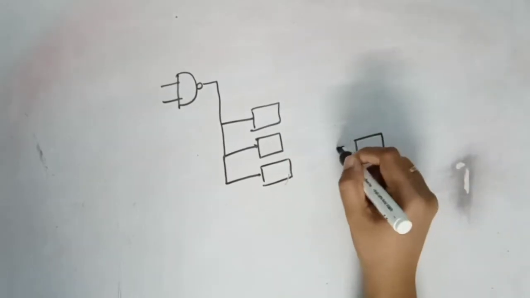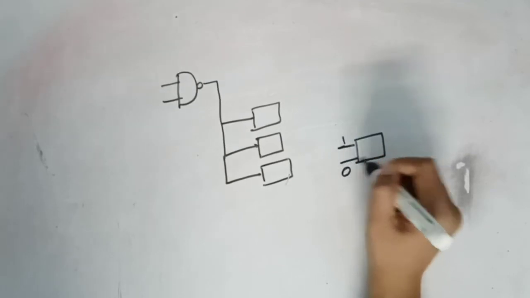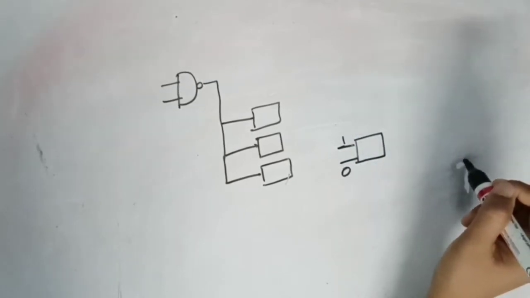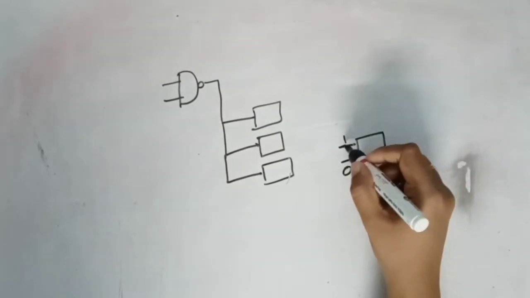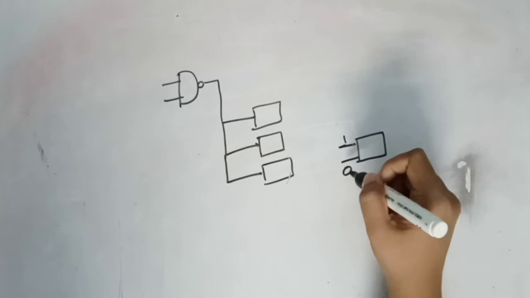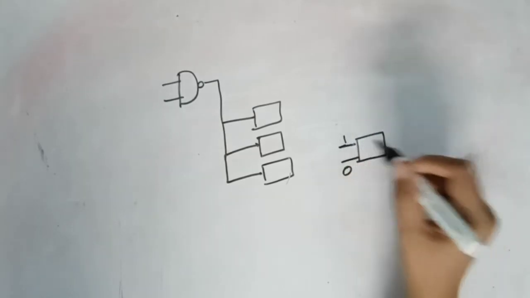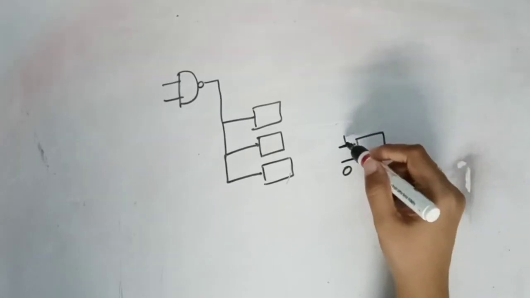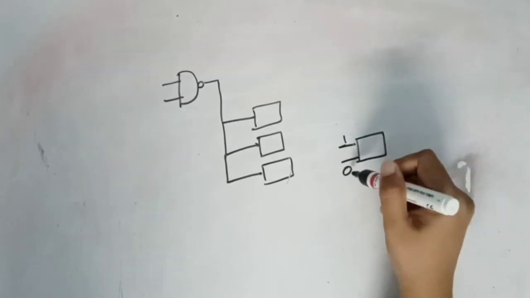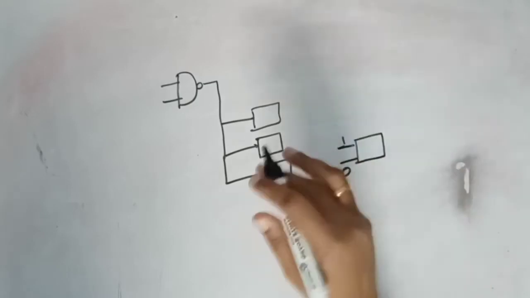I told that I am applying 1 or I am applying 0 to a particular gate input. Now, how do I consider that as a 1 or a 0? That depends on the voltage I apply. So 1 does not necessarily mean 1 volt or 0 does not mean 0 volt. 1 means above a particular voltage. You have a threshold voltage.